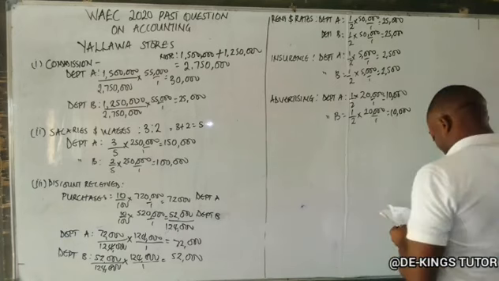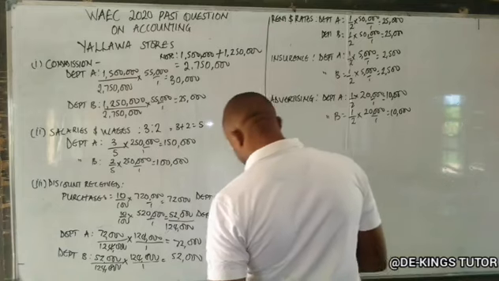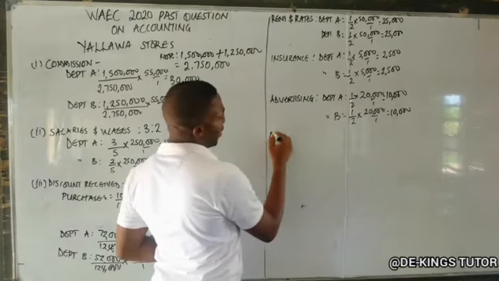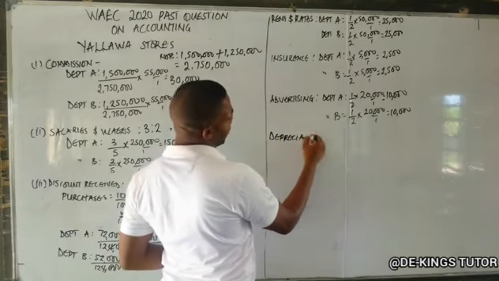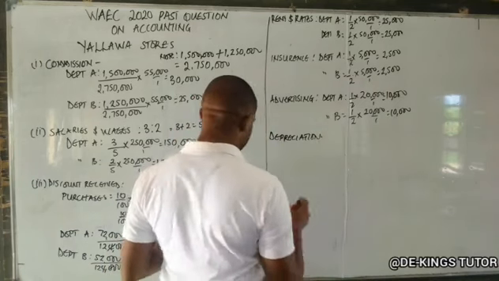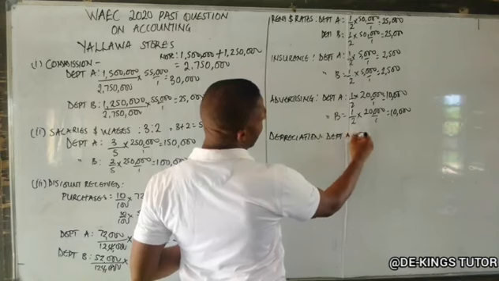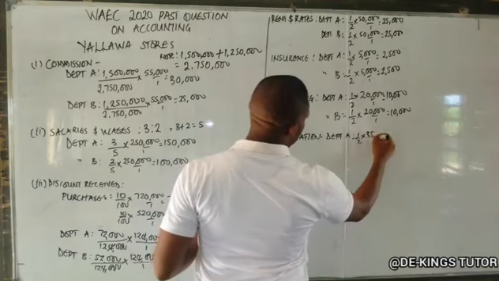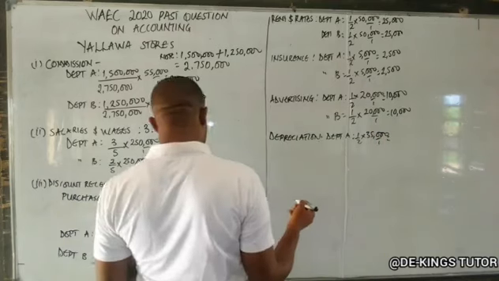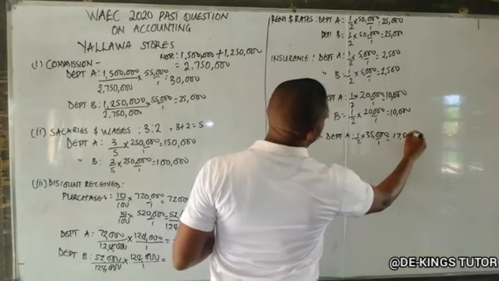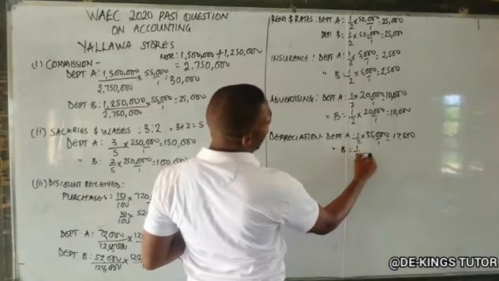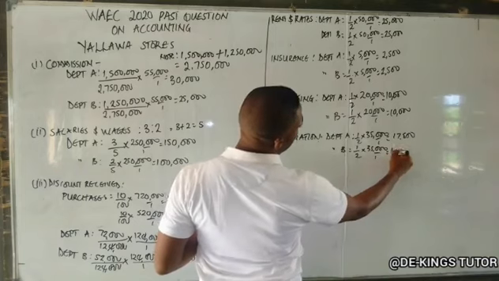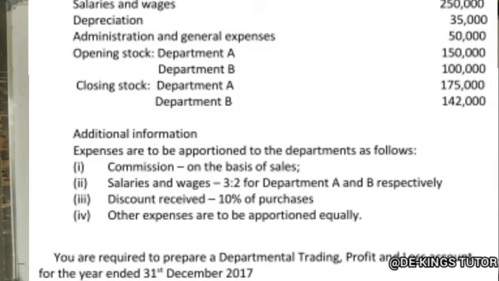So if we check the other expenses there is depreciation. For Department A, because they said equal, half, times the depreciation amount, which is 35,000. Half of 35,000 will give us 17,500. For Department B, half of 35,000 will give us 17,500. Okay, so the next one, admin and general expenses.